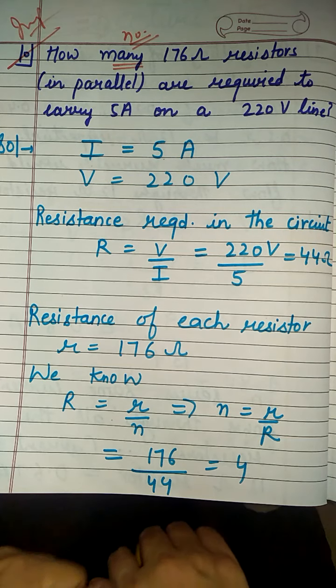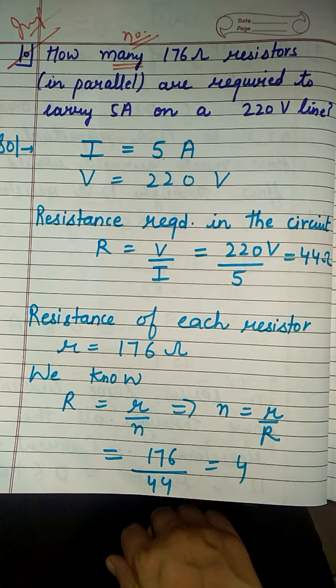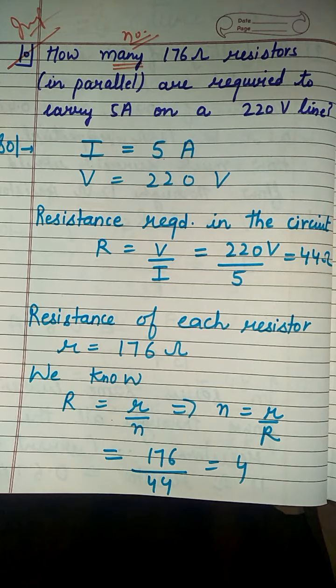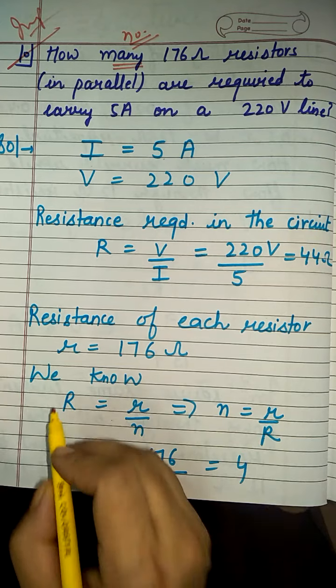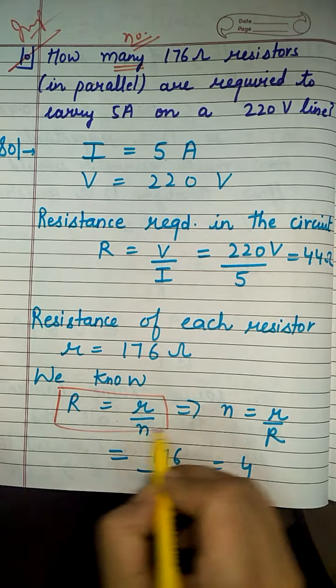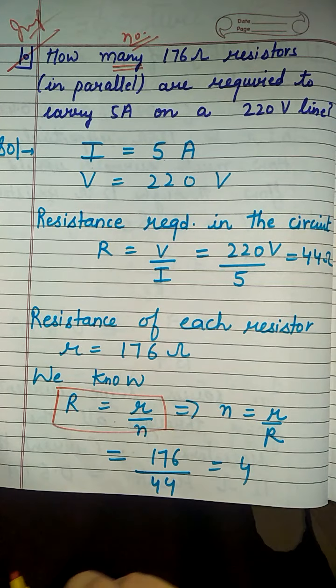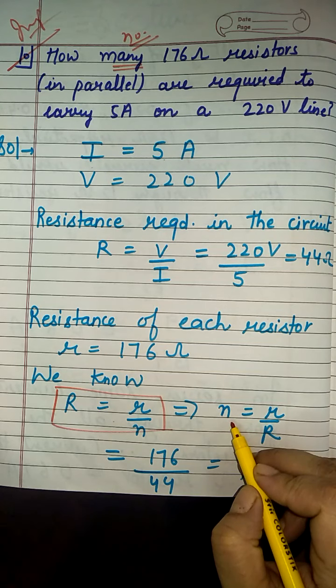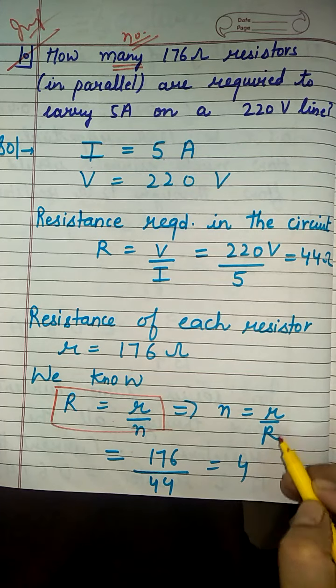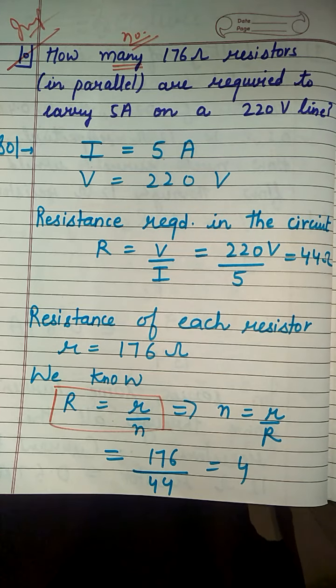Just recall, when many resistors having the same value of resistance are joined in parallel combination, what was the formula? This formula we have done. R is equal to r over n, and if you want to find n, then it will be given by r over R. Now what do the small r and capital R represent?